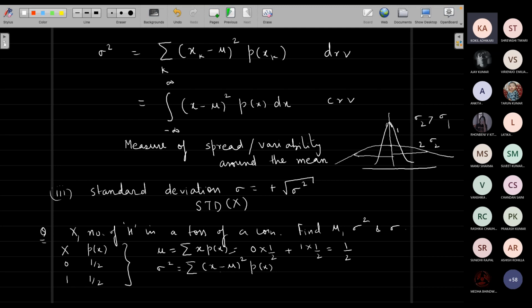So x is 0, minus half squared into half, plus 1 minus half squared into half. Do that. 1 by 8 plus 1 by 8, so you should get 1 by 4.